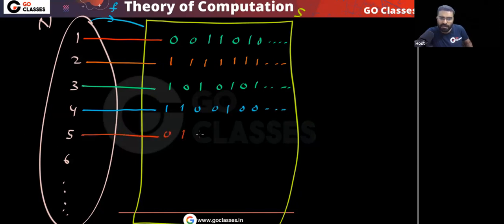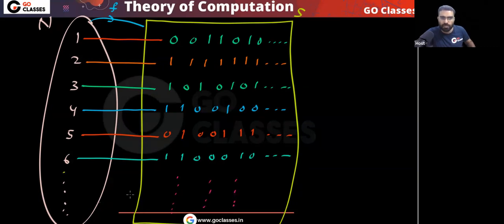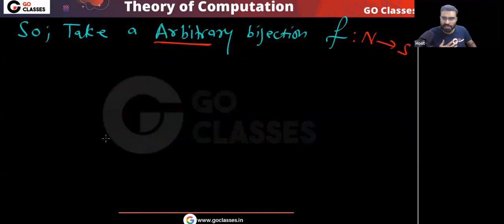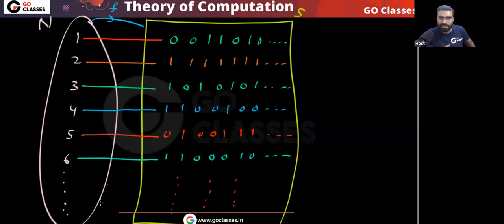I'm taking random elements, and so on. So I'm taking an arbitrary bijection, because I'm assuming there is a bijection.